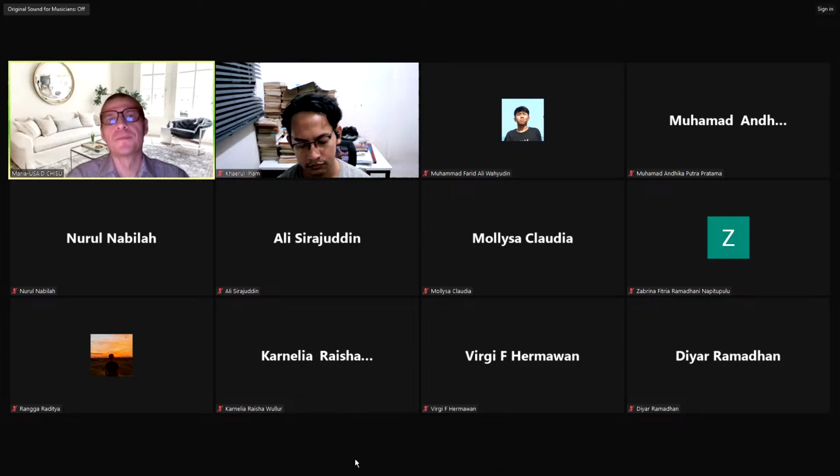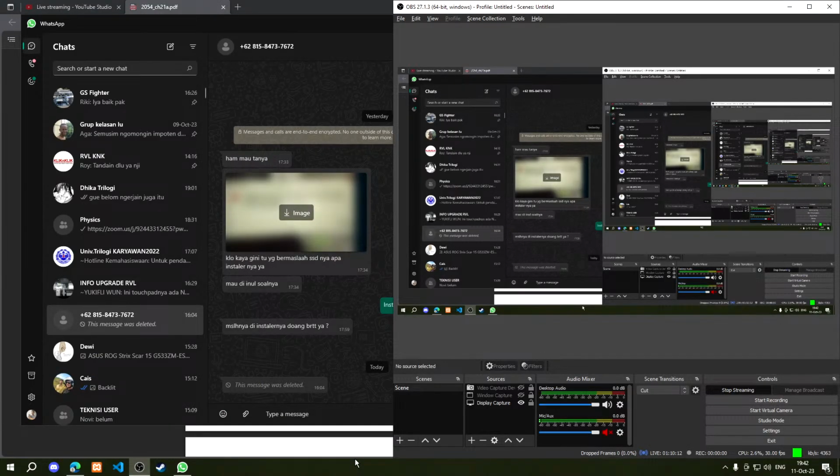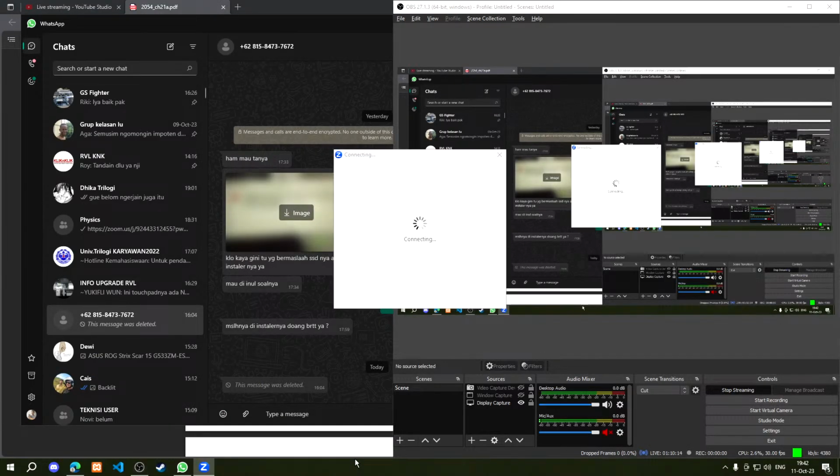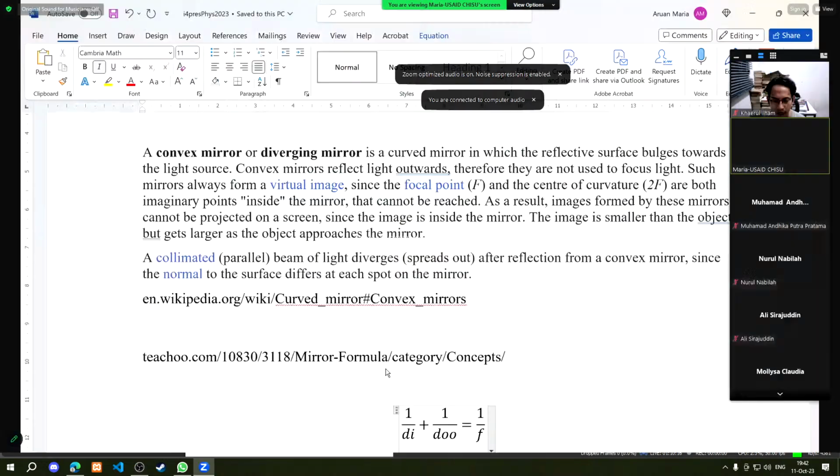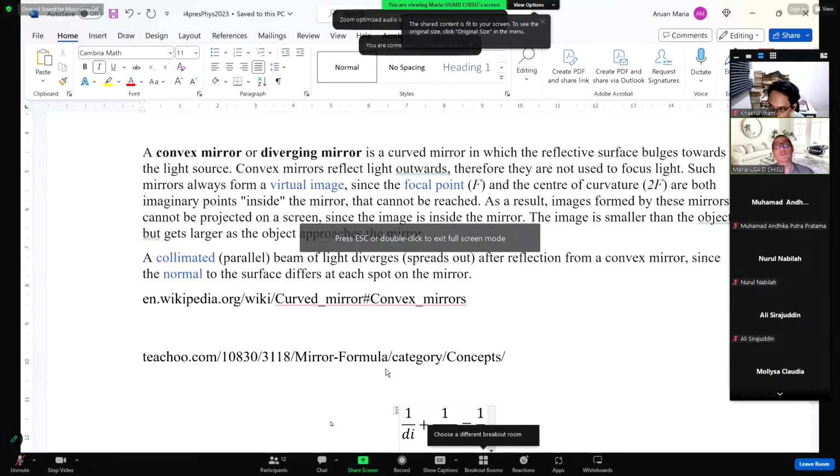So indeed, the cross section of the roads, you can see convex mirrors.